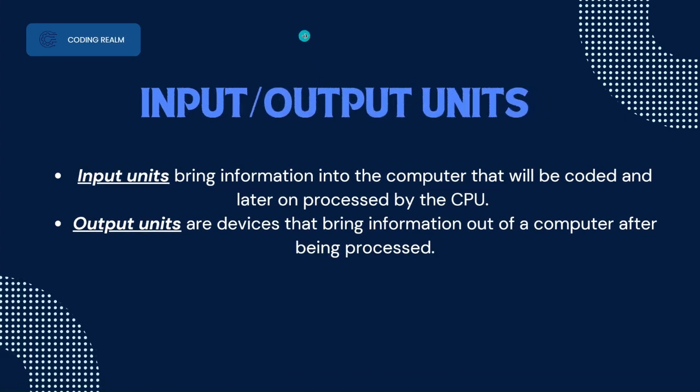Now the input and output unit. The input and output units are devices that allow the computer system to communicate and interact with the outside world and to store information. Let's start with the input unit. It brings information into the computer that will be coded and later on processed by the CPU.